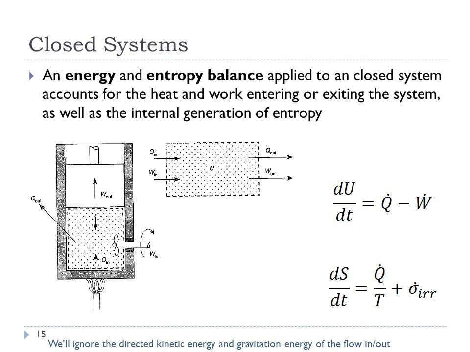So let's talk about the other one. The change in the number of coins, or the change in entropy, in the system is going to be equal to the number of coins added in heat plus the number of coins that are generated within the system irreversibly.